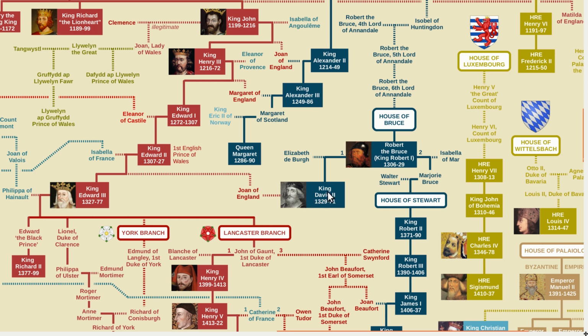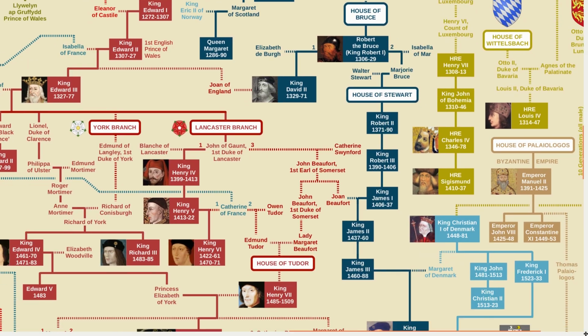He also married a second time but did not produce any heirs, and therefore the throne, after his death, passed to a grandson of Robert the Bruce, and he belonged to the House of Stuart, and he became King Robert II. And King Robert II was then followed by Robert III and then James I.